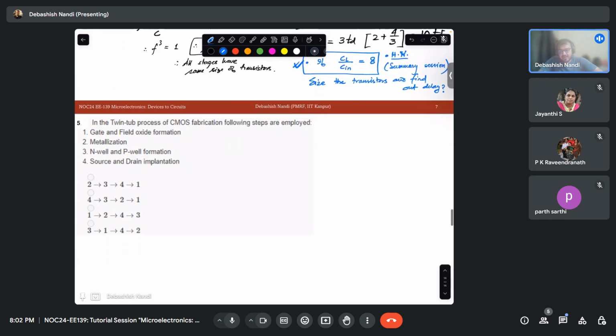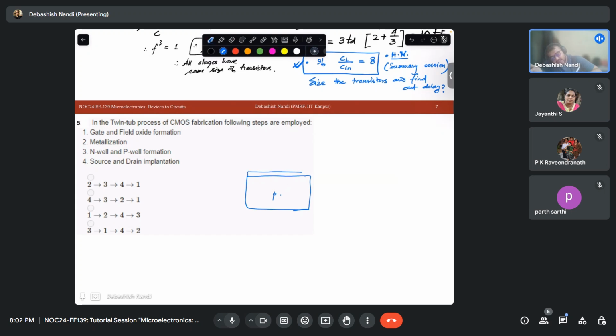So given that time, the last question is this: the twin-tub process CMOS fabrication follows the steps employed. Okay, so what is happening? First you have a substrate, then you dope it, let's say P type, then you do what?